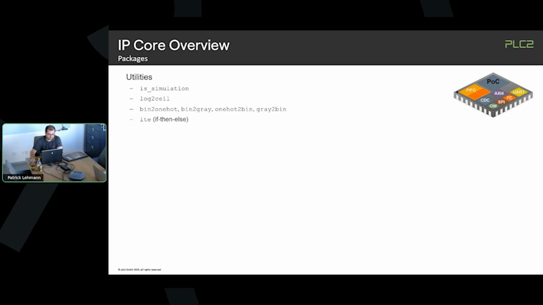That's the function I have here at the end, which is an if-else construct combined with IS_SIMULATION, and then you can switch constants in your code depending on whether it's synthesis or simulation code. Then I think every library somehow has helper functions to get the number of bits you need for a certain number of states you want to encode. In our case, it's called log2ceil. So it's logarithm base 2 with ceiling function combined.